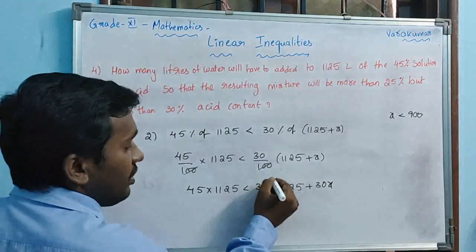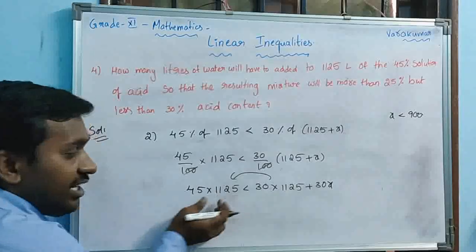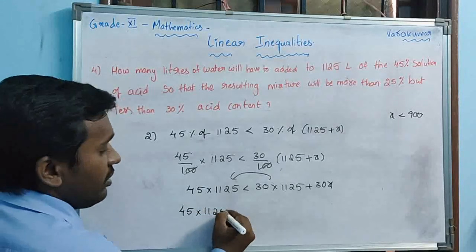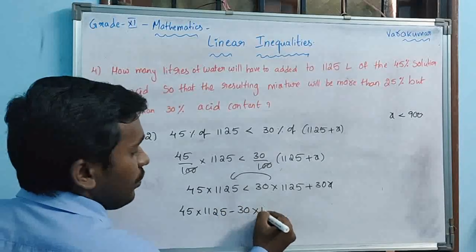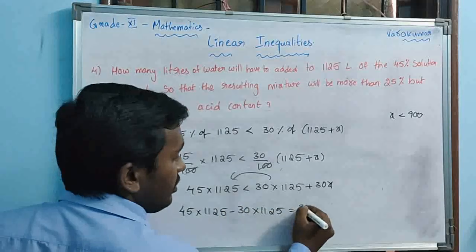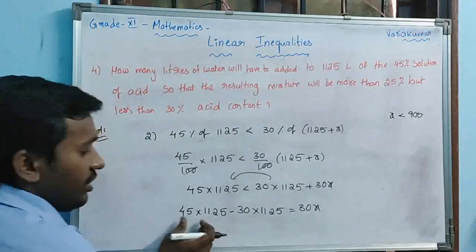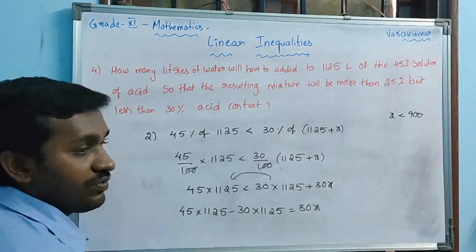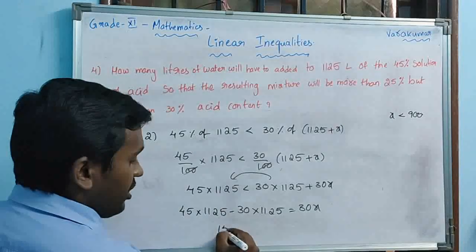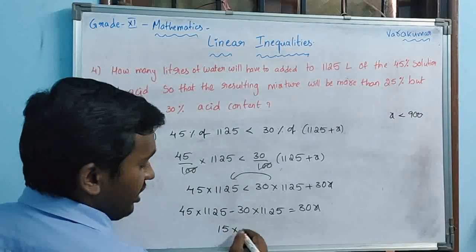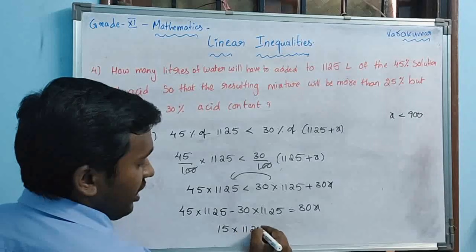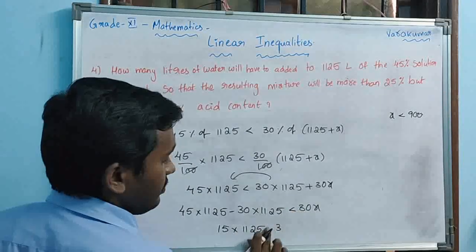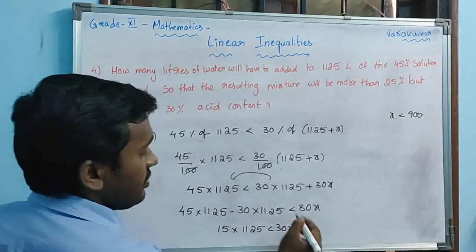Now I am going to bring the 30 into 1125 value to this side. So it becomes 45 into 1125 minus 30 into 1125 less than 30x. Now 45 times 1125 minus 30 times 1125 is 15 times 1125, less than 30x.